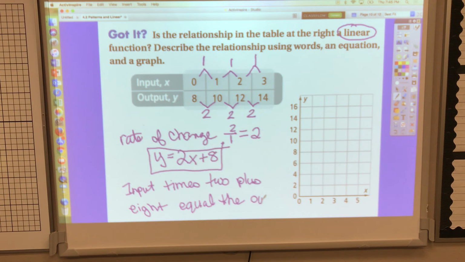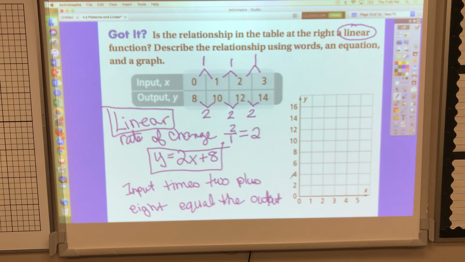And we don't know what those values are representing right now, so we just need to use our input and our output. Since it had this constant rate of change, I forgot to finish answering this question. Since it had this constant rate of change, this tells me it is linear. So make sure on those problems you answer that. Yes, it is linear.